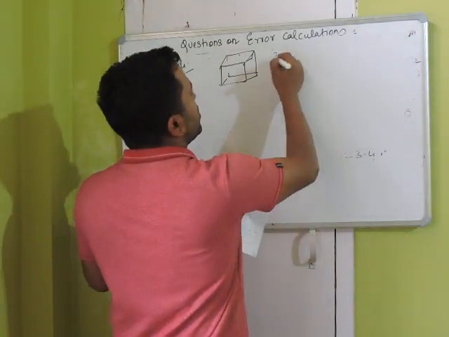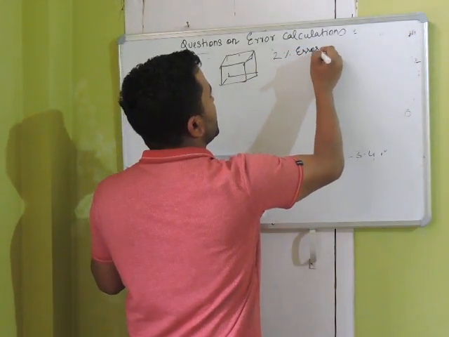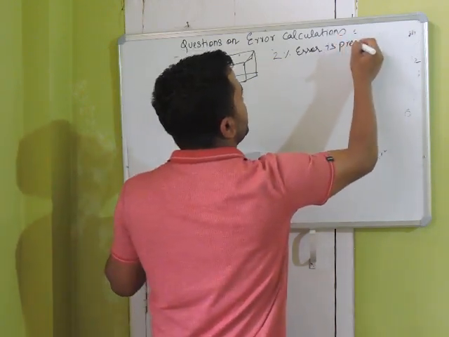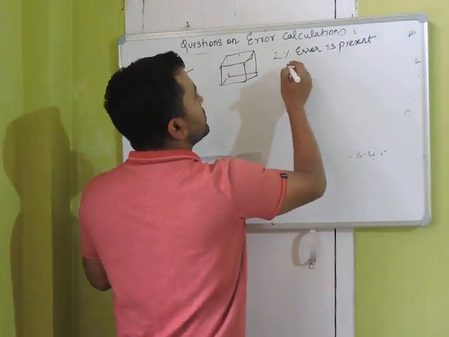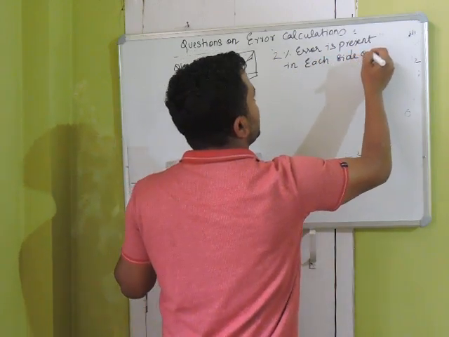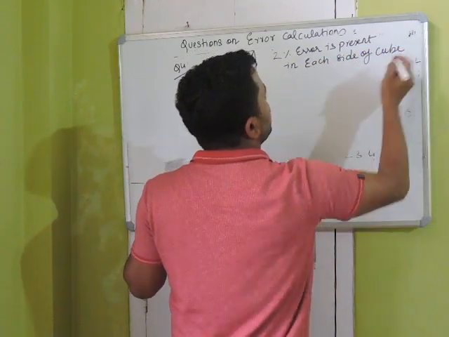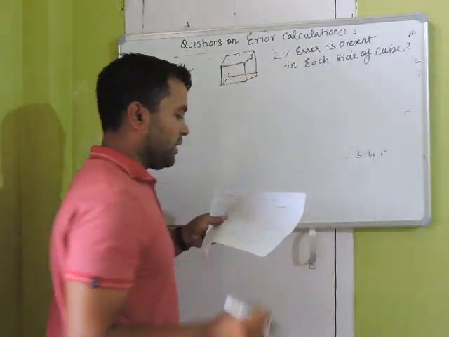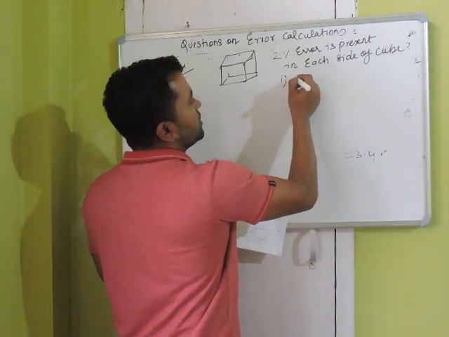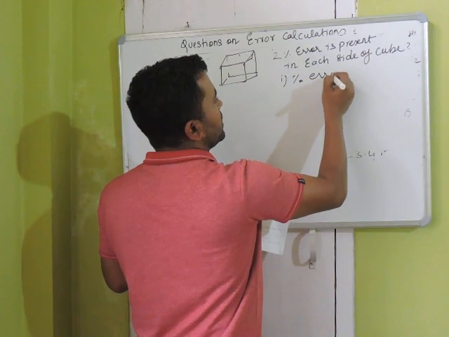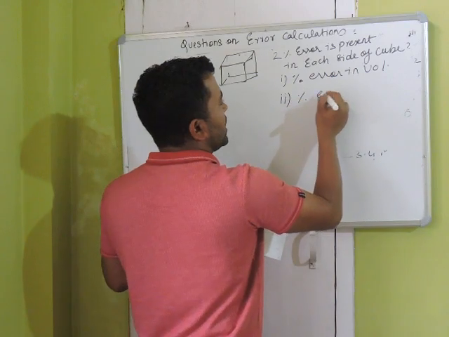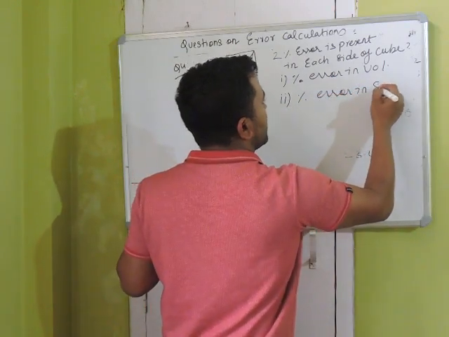So it is given that 2% error is present in each side of the cube. The question is: calculate the percentage error in volume and calculate the percentage error in surface area.